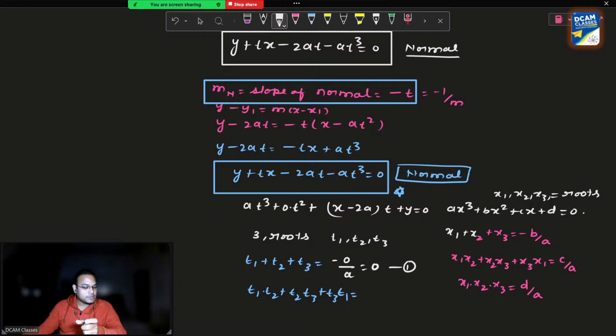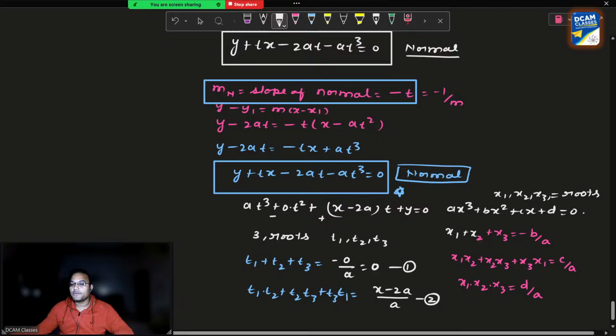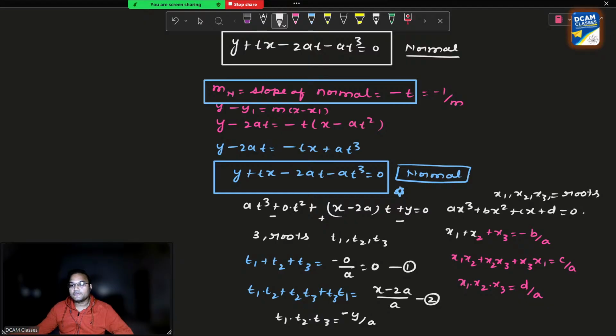The t1 t2 plus t2 t3 plus t3 t1 is equal to x minus 2a divided by a. This is the second equation that you can frame. And the product of the roots t1, t2, t3 will be equal to minus y by a. So this is the third equation you can frame.